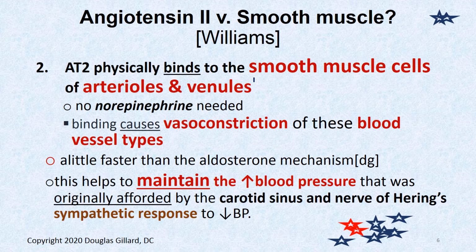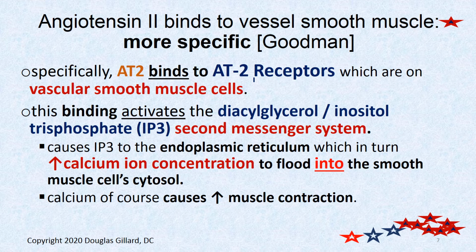Why not cause a vasoconstriction of the blood vessels, which would increase blood pressure? This is a little faster than the aldosterone mechanism, but not as fast as the sympathetic tiger. This mainly helps increase blood pressure, or it also helps to maintain blood pressure that was increased via the sympathetic system and the nerve of Hering and glossopharyngeal route, which we'll take a peek at again in case you don't remember that.